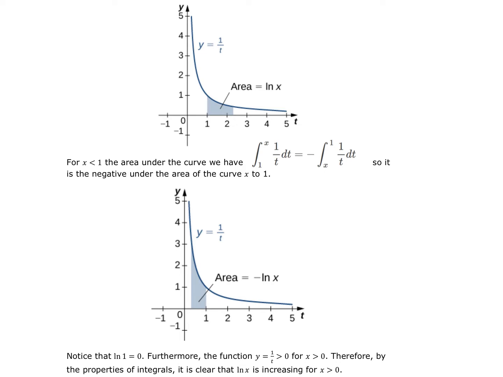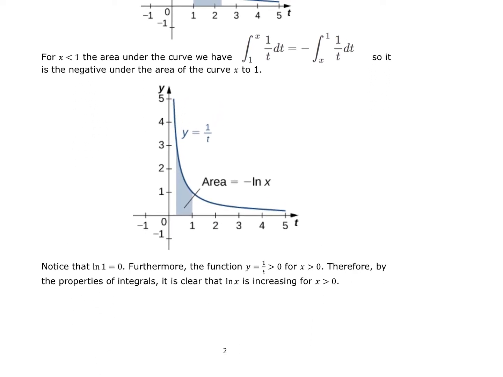And that allows us to look at the area under the curve from some x value, where x is greater than 0, all the way up to 1. Now notice when x is equal to 1, the natural log of x is 0.